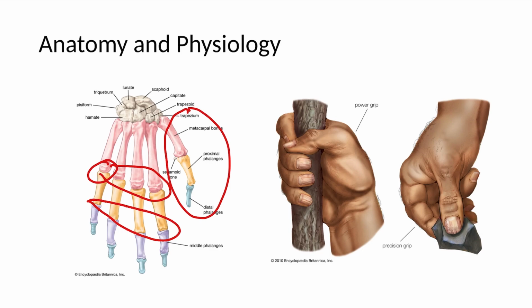The opposable thumb, along with the structure of the hand, enables us to grasp objects such as this. And with our thumb, we are able to precisely grip an object like so. If you imagine your hand without your thumb and you're trying to precisely grip an object, it would be a little bit awkward and hard to do.